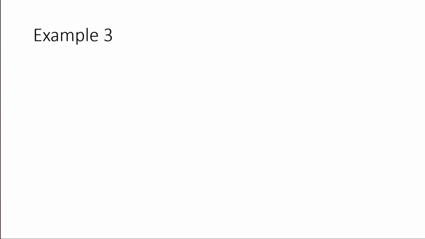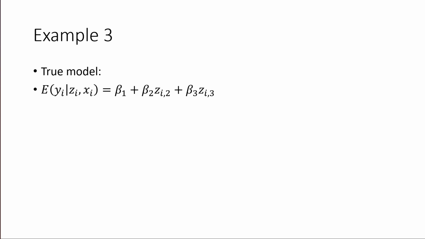The third case is the case where we have measurement errors in an explanatory variable. So a simple illustration of that would be I have a true model where the conditional expectation of y given z variables and x variables.